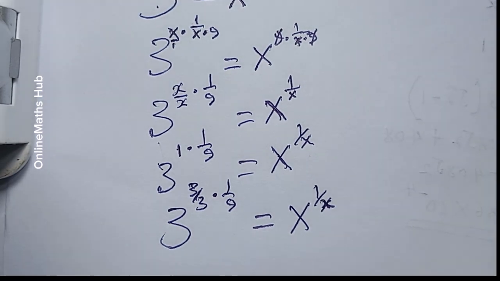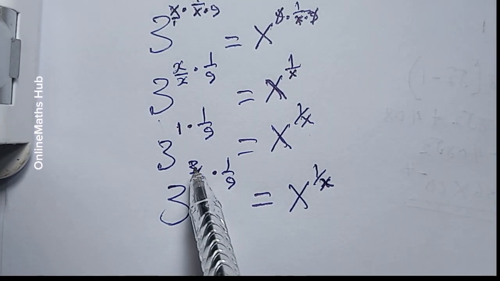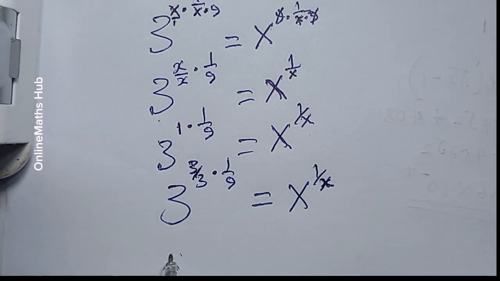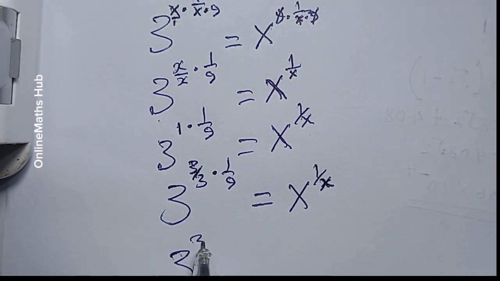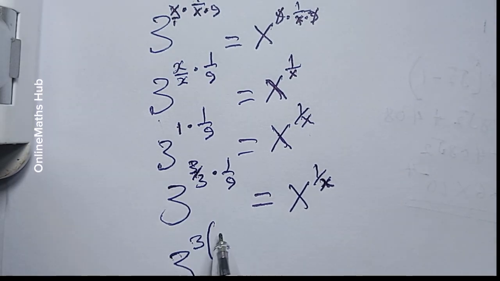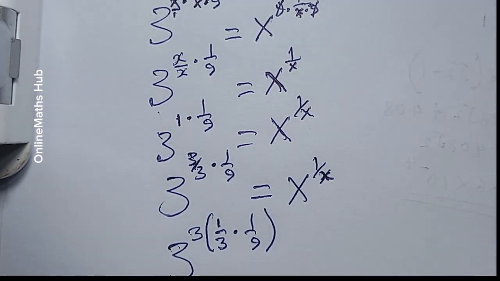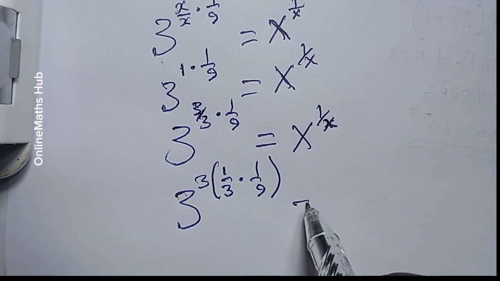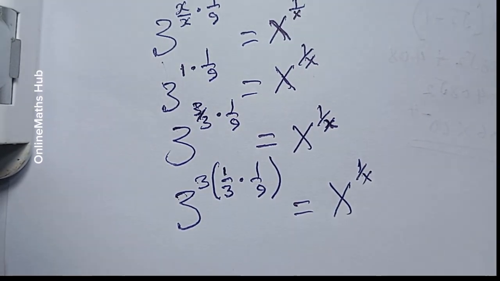Next I will go ahead to factorize the numerator right here. If I do that, I'm going to be having 3 power 3, and then if I factorize it, I'm going to be having 1 divided by 3 multiplied by 1 divided by 9. This is what I'm going to be having next, and this will be equal to x power 1 over x.